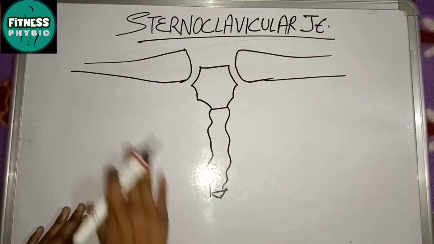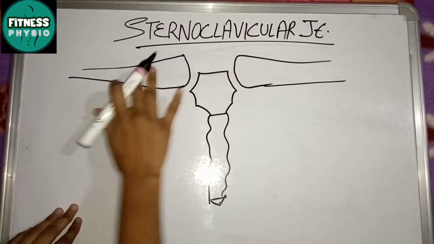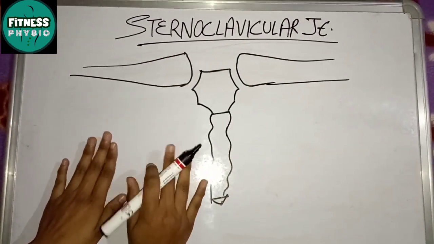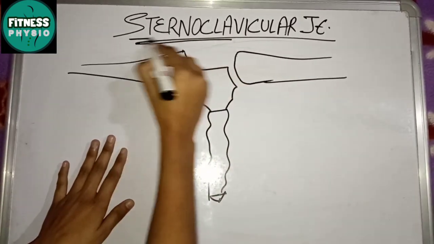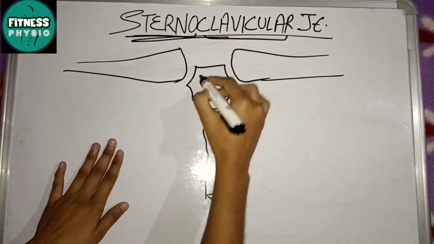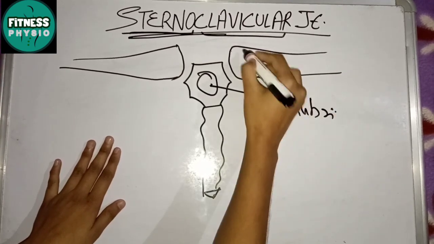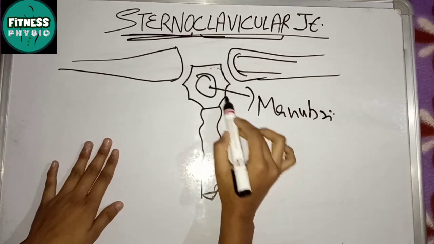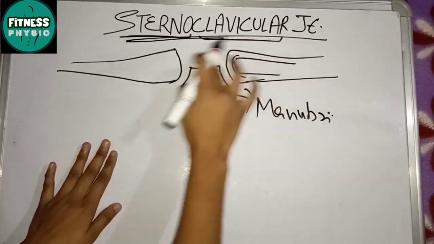So let's start this SC joint with their introduction. First we will discuss the articulation of this joint. As the name itself suggests, it is an articulation between the sternum and the clavicle. So this is your manubrium and this is the medial end of your clavicle, which is articulating with the manubrium sterni of your sternum.